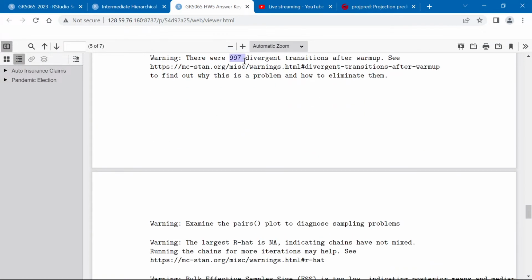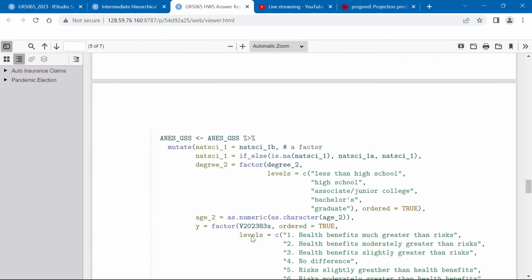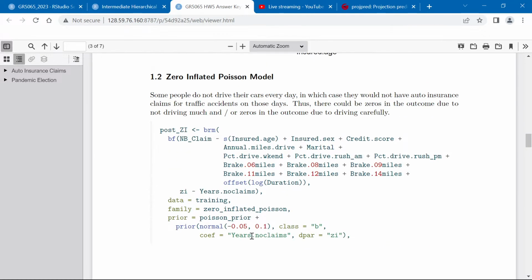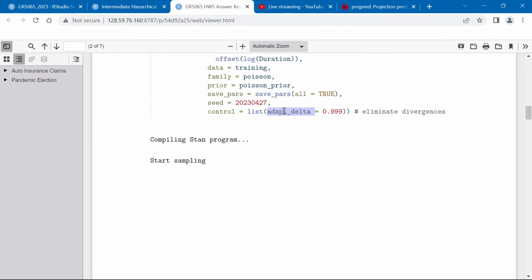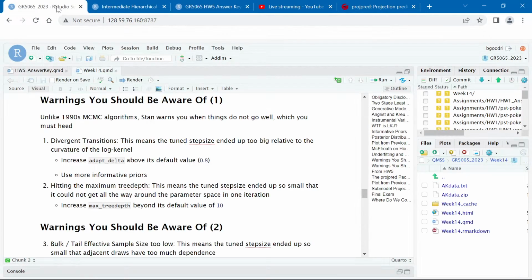Well, one, I left a whole bunch of warnings here. But in the first model that I did, I passed adapt delta a higher value than the default of 0.8 to eliminate divergent transitions. This was talked about in the reading as well.